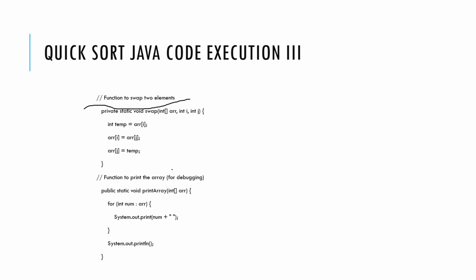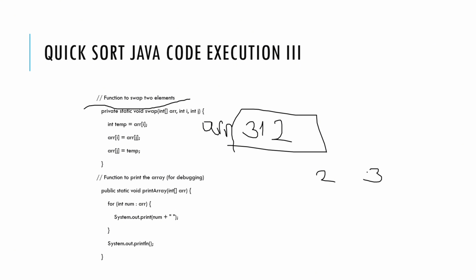What does this function do? So we have 3, 1, 2. Let's take just 3 elements. We swap elements every time. For example, from this array, we want to swap 2 with 3.